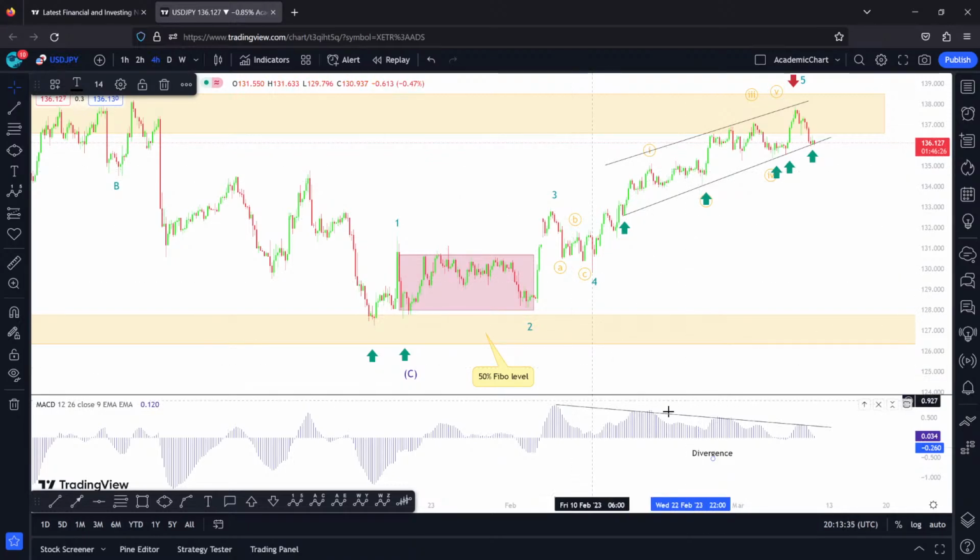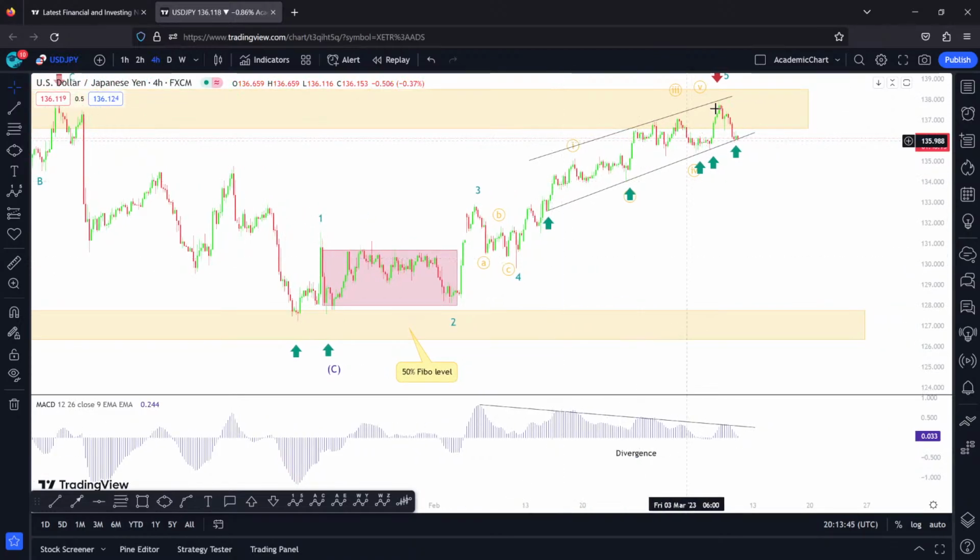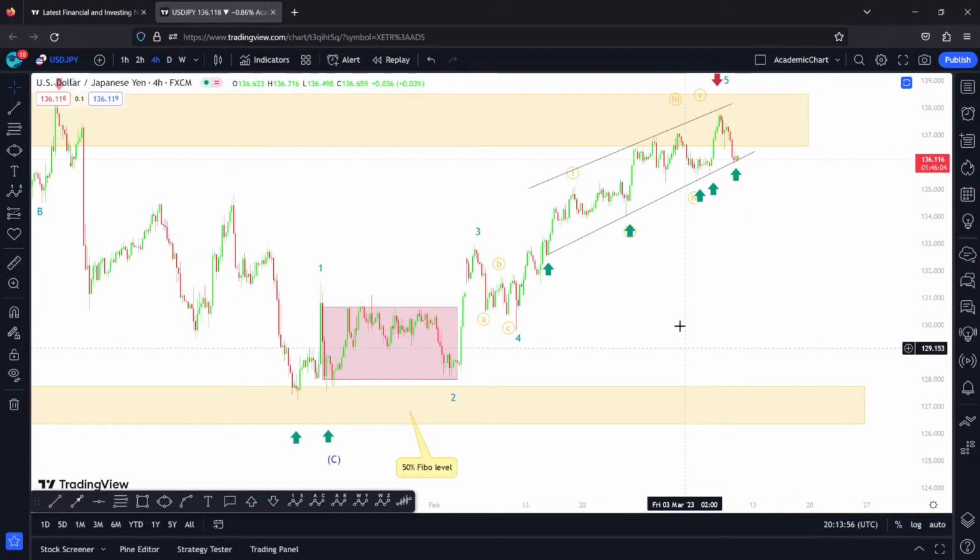We are seeing a very long divergence on MACD. Also, as it was in the news, we are seeing some sort of U-turn, but not any breakout, not any confirmation yet. Even if we have these things, let's get rid of this MACD.